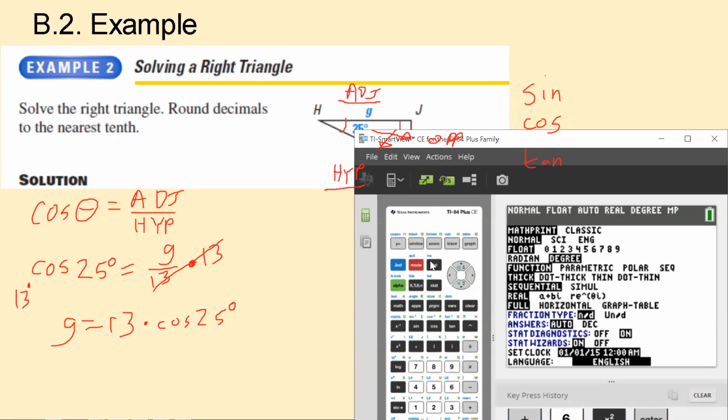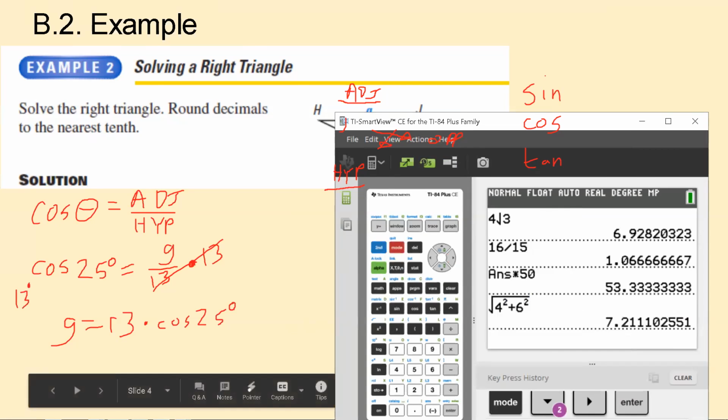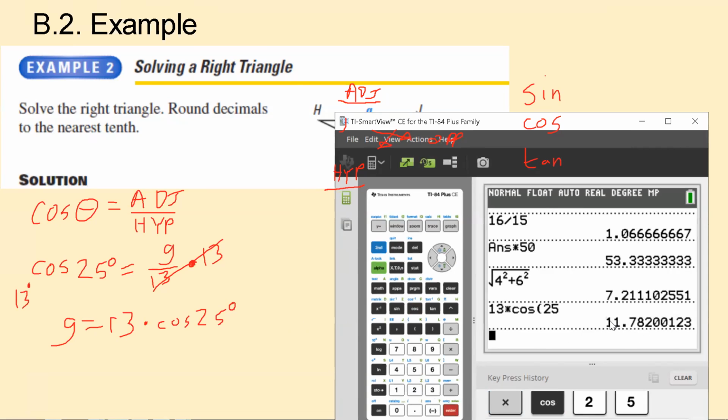All right, if I want to find out what that is, I then grab my calculator, hit mode, make sure it's in degrees. And then we just type in 13 times the cosine of 25. We get 11.782.